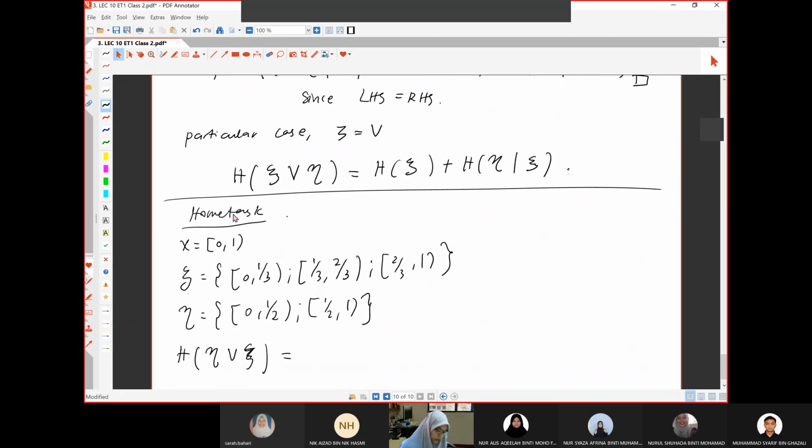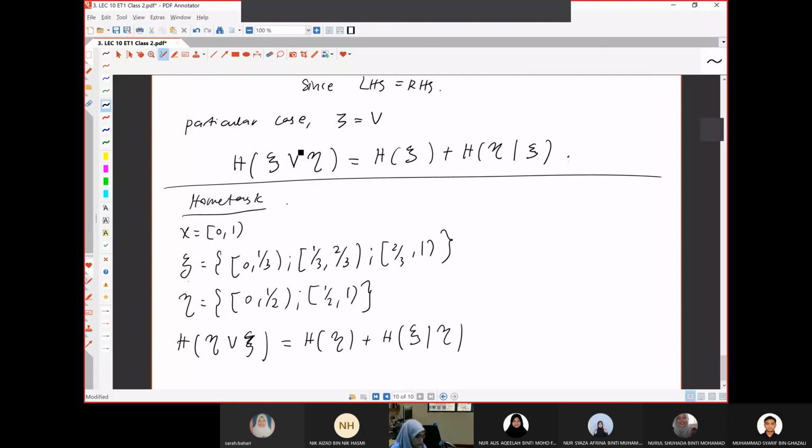By using the formula in the particular case, I have entropy of eta plus entropy of psi given eta.